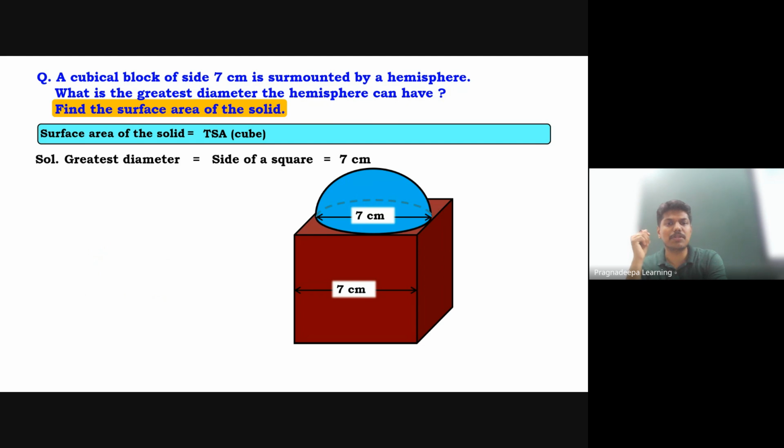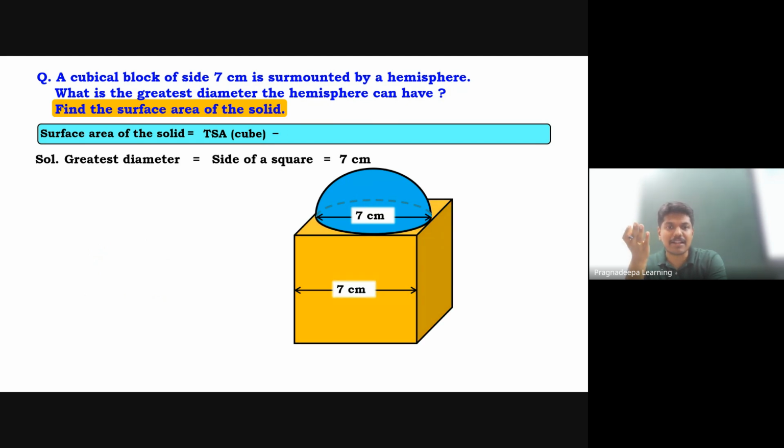Now what I do, I remove that circle base. That is the base of the hemisphere. Then I add the curved surface area of the hemisphere. That is the outer part of the hemisphere. So that gives us the total area of the solid.